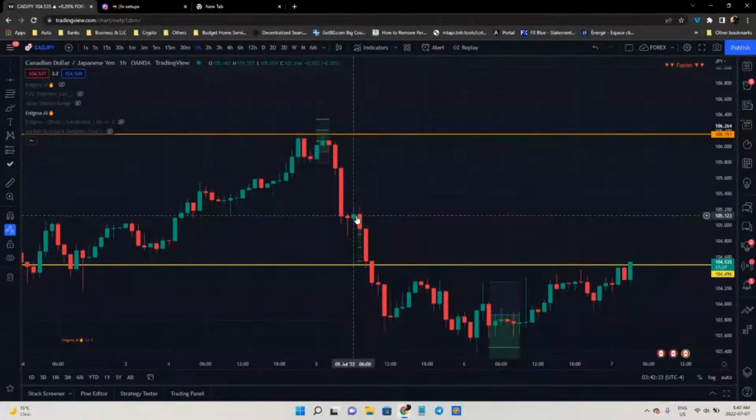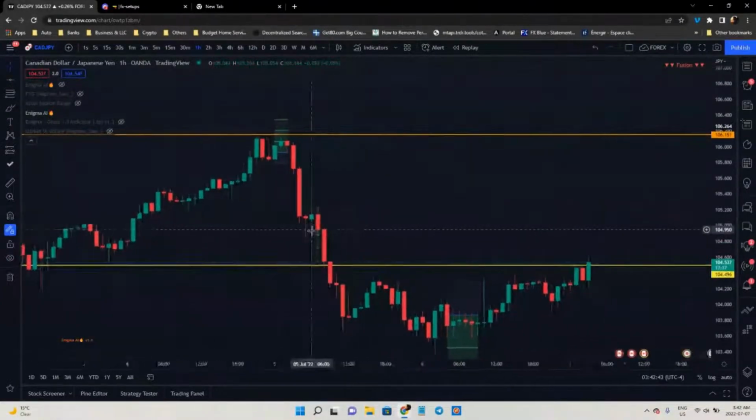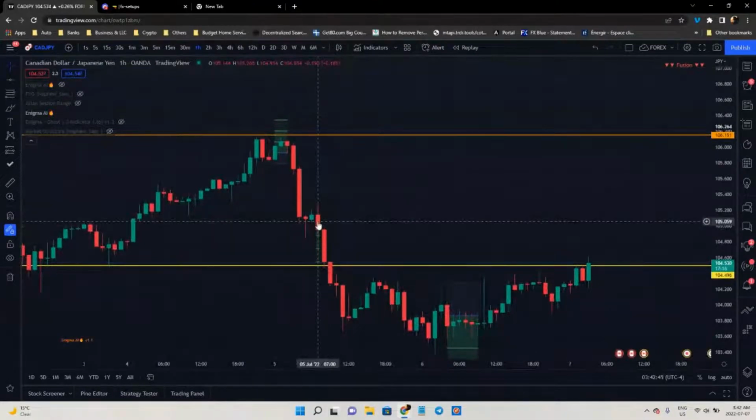And the 6-hour candle from the 5th made the indication. So this is the 7-hour candle, right? That's the candle that gives the alert.